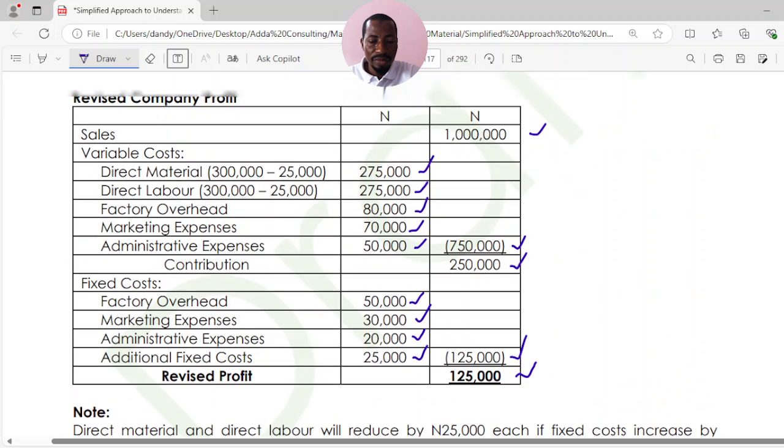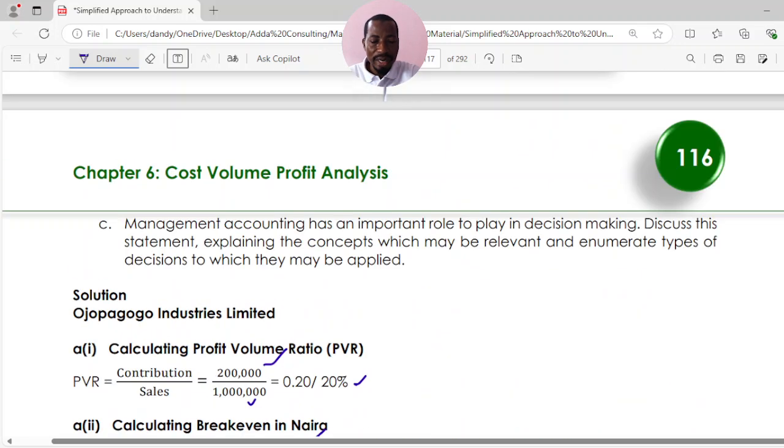Then number C of the question, you are asked to explain the concepts. We are told that management accounting has an important role to play in decision making. Discuss this statement, explaining the concepts which may be relevant and enumerating types of decisions to which they may be applied.